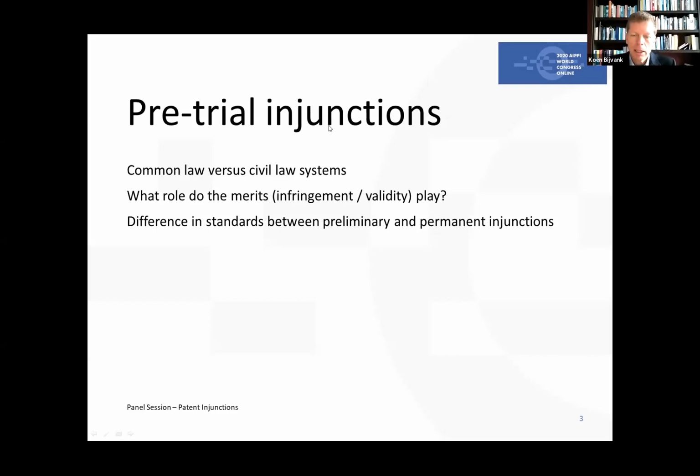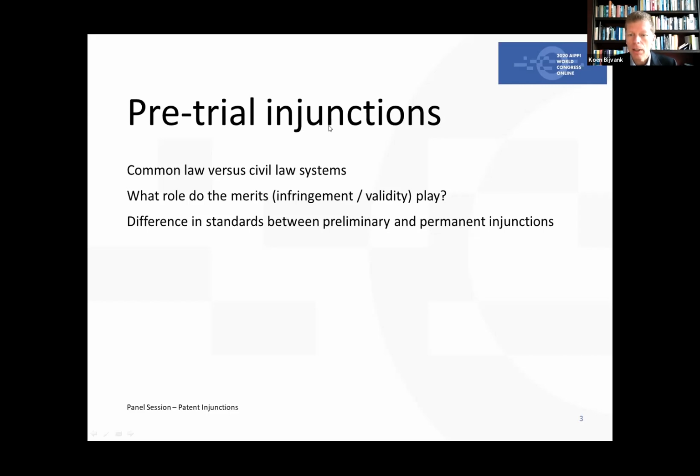So that sounds to me like perhaps in the United States, even though it's a common law country, there is less of a distinction between the situation for a permanent injunction and for a pretrial injunction, in the sense that there's already a lot of evidence necessary at the preliminary injunction phase, and perhaps aside from the question of validity, certainly for infringement, the court will make a fairly detailed assessment of the merits of the case.